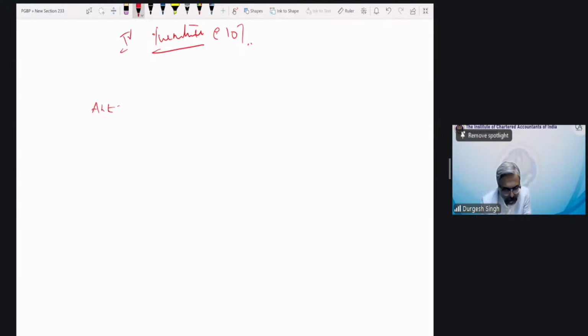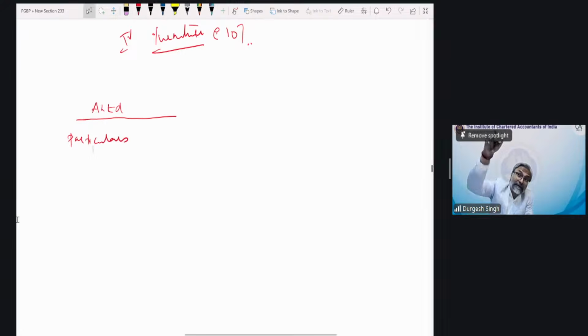Now, friends, how is he going to compute? Please have a look over here. He makes three columns. This is a kind of question where the SSE has got two businesses. If you see the examination questions, generally the question is only on one business: net profit is this much, and accordingly these are the adjustments to be made.